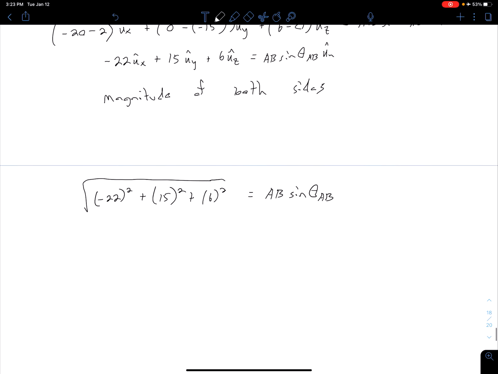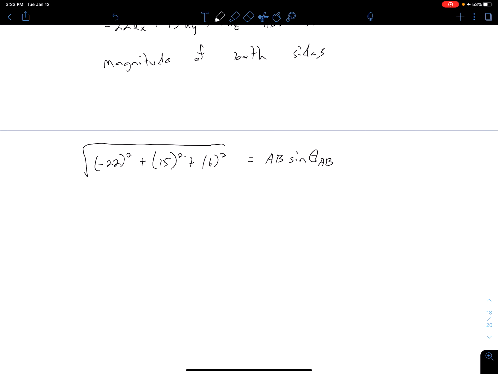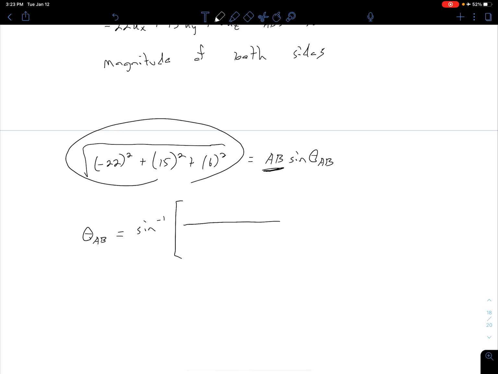So of course now we can solve for that theta AB. Remember, we solved for magnitude A and magnitude B when we were doing our dot product method. So we can say theta sub AB is equal to the inverse sine of, and that product on the left ends up being the square root of 745, just to keep things exact.